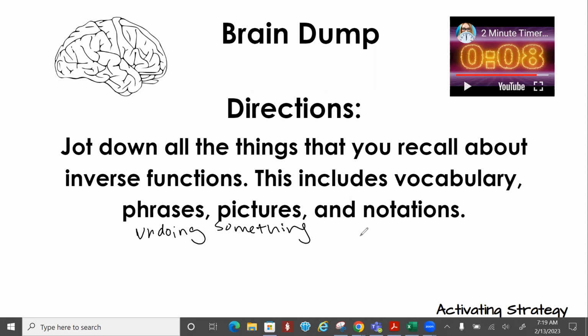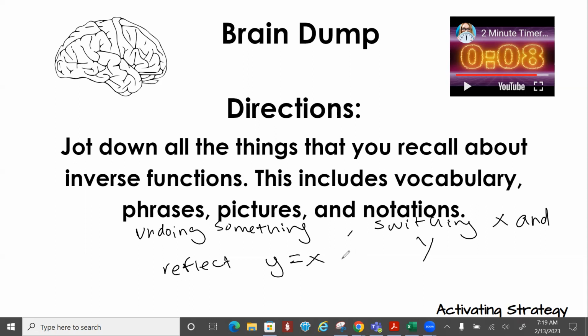So maybe switching your X and Y? Yeah, so switching X and Y. And not necessarily the signs, but do you remember how we had to reflect across the Y equals X line? There was a reflection across there, because these are the things you're writing down on your paper. So switching the X and the Y and reflecting across the line Y equals X.